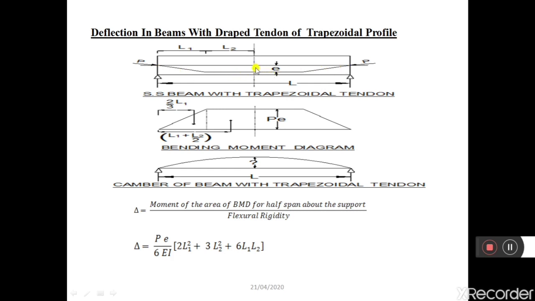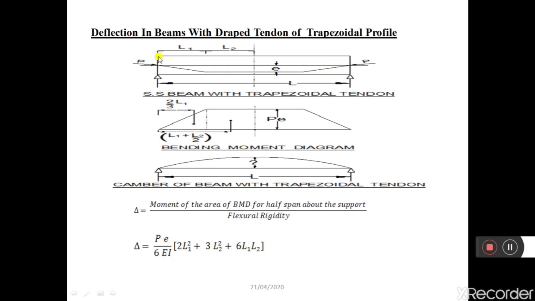At the midspan, the cable has an eccentricity of E, and at the supports or at the ends, the eccentricity of the cable is 0. Here the cable is bent at a distance of L by 3 on either side, and it is made to meet the support at an eccentricity of 0.